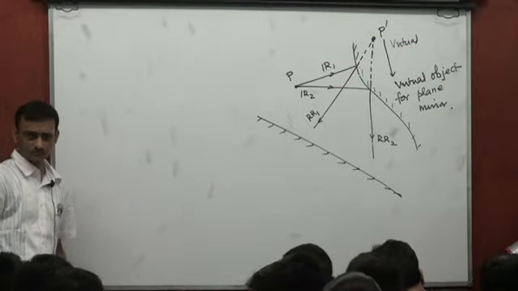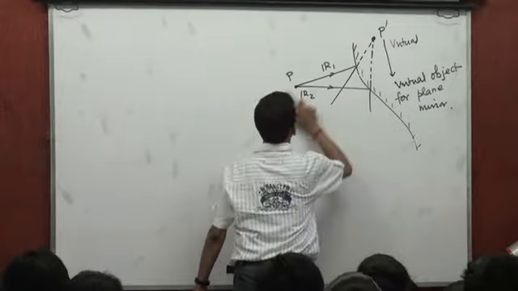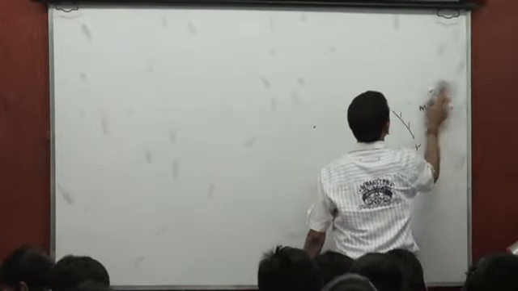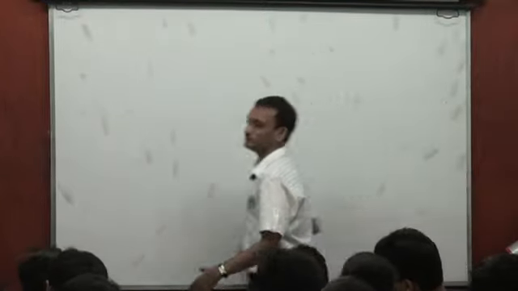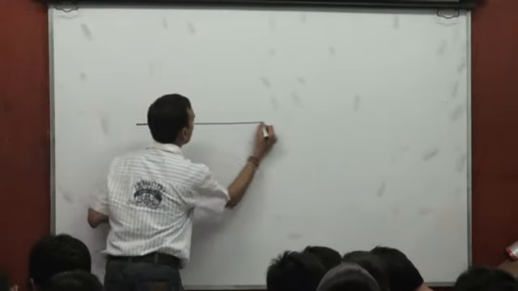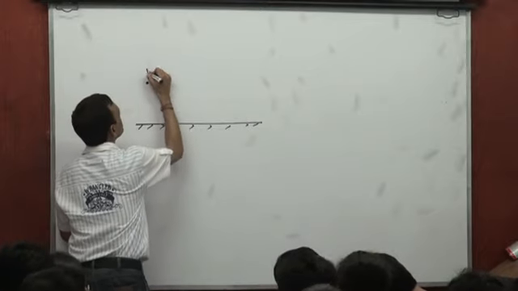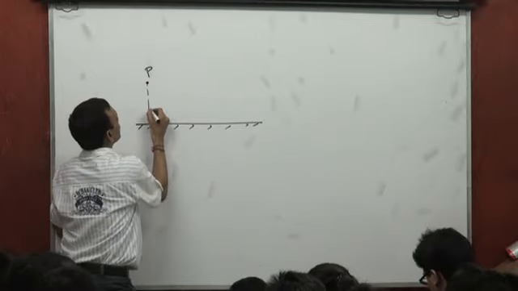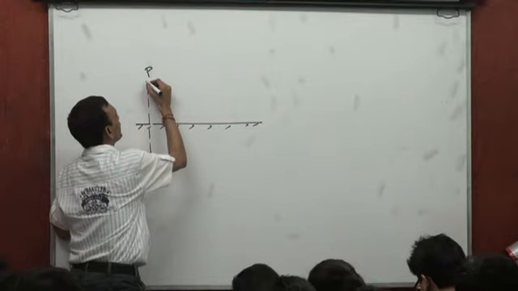Can I wrap this off? See, if we had a plane mirror like this, there was a point object P, and you understand that its image is formed at P prime.